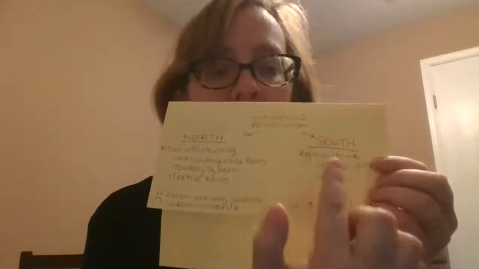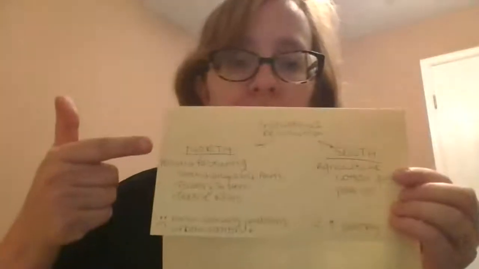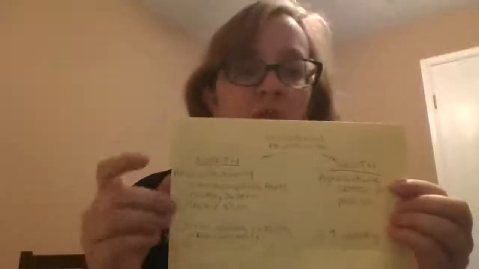So instead of only being able to make 2 fields of cotton, because all that seed picking is too much work, now I can make 10 fields of cotton. So the cotton gin is going to increase slavery. Our negative effect here is that it increases slavery. But again, South, agriculture. I'm growing cash crops to make money. North, I'm working in the factory to make money.